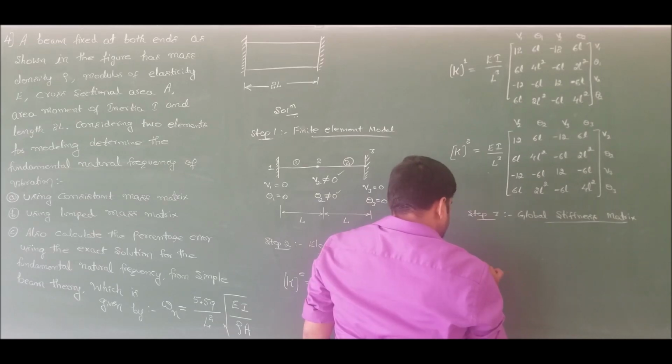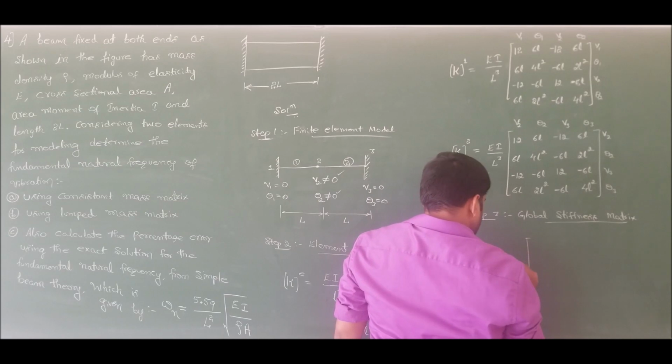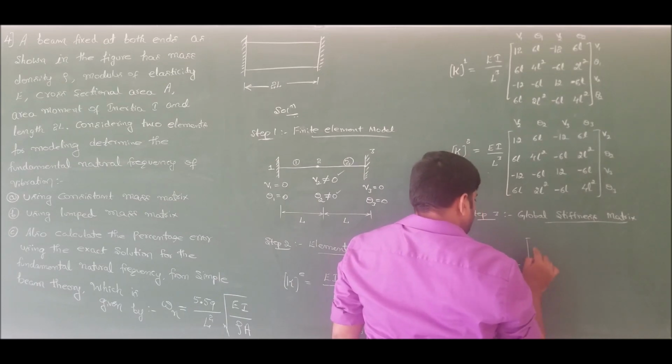Now initially marking the nodal variables, we have EI by L cube common.